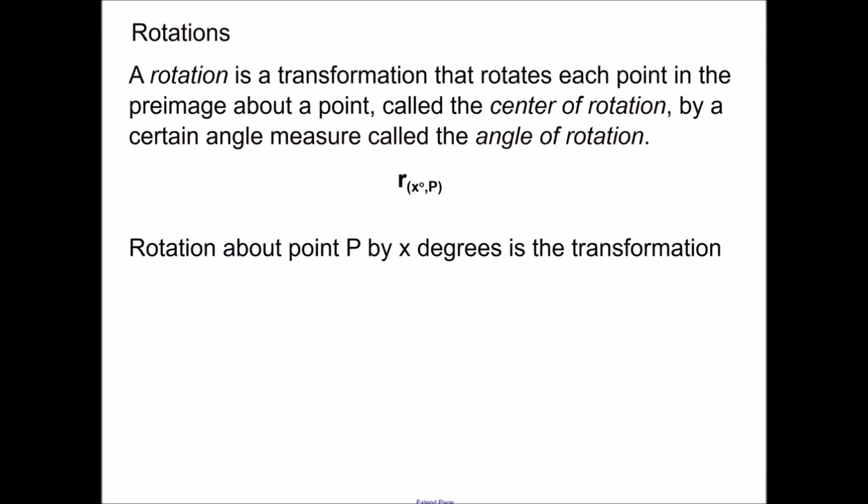Remember that the reflection used a capital R, and then here you have a lowercase r, but then you have the angle of rotation that you want to use, which is x degrees. This right here indicates the angle of rotation, and then P is the point of rotation.